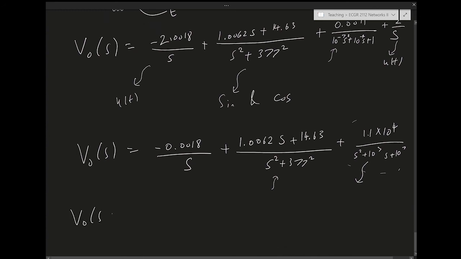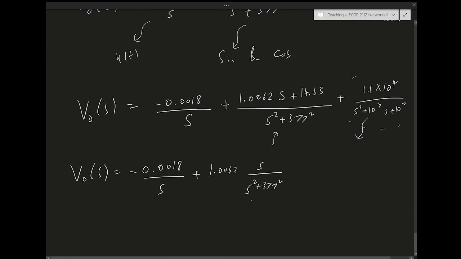I can take VOS, so I know this is 0.0018 over s. This is a u of t. I can separate this, so I end up with 1.0062 s over s squared plus 377 squared. I instantly know what this is, right? This is cosine 377 t u of t, right? We established that.